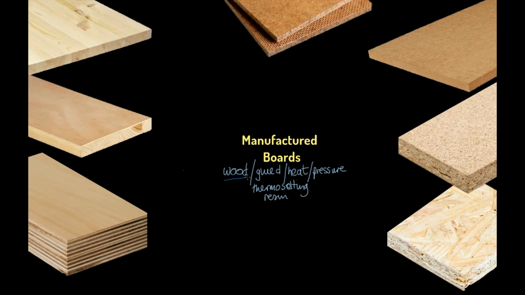Let's have a look at the different formats of wood that we can make manufactured boards from. So we've got fibers, small bits and pieces of wood. Slightly bigger than that, we have chips, and slightly bigger than that, we can have flakes of wood.